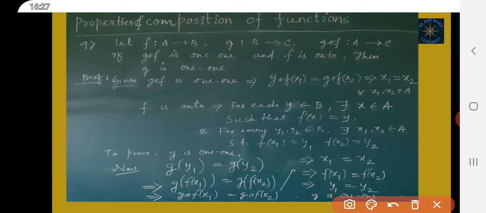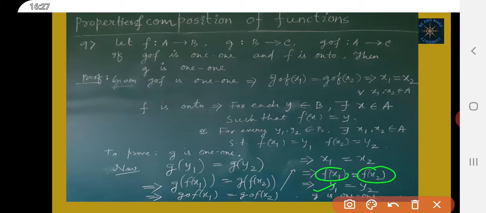Now as x1 and x2 are equal, f of x1 is equal to f of x2, also we can write. And this is equal to what? y1.